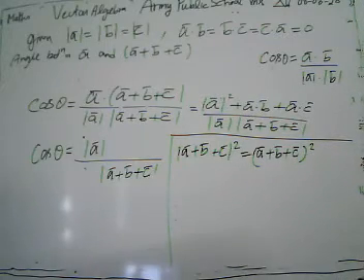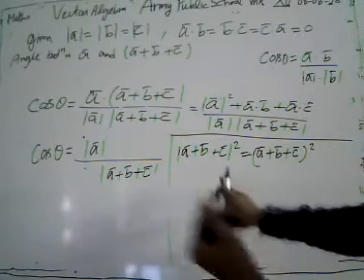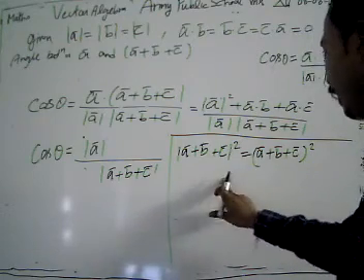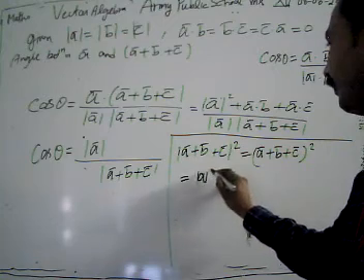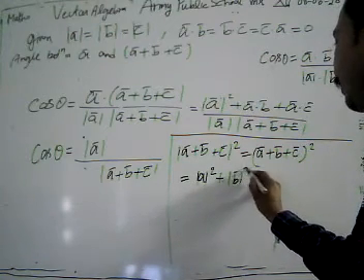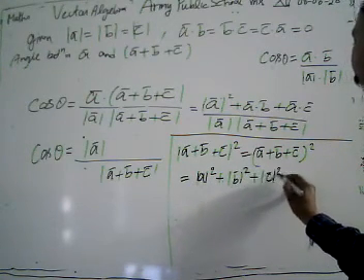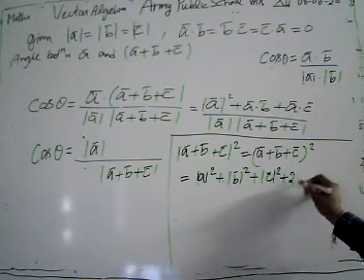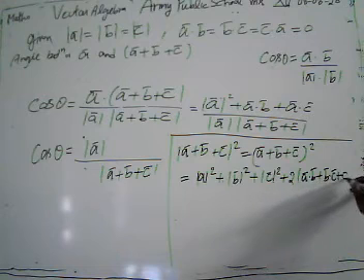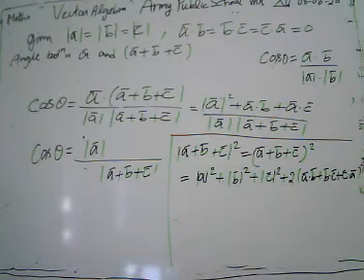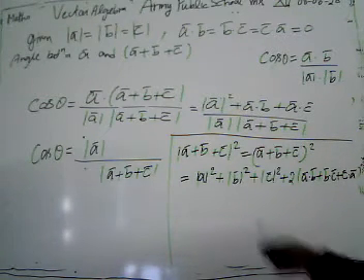Now we are going to solve the right-hand side only. From here we get mod of A square plus magnitude of B square plus magnitude of C square plus 2 times vector A dot B plus B dot C plus C dot A. Look, from here what do we have?